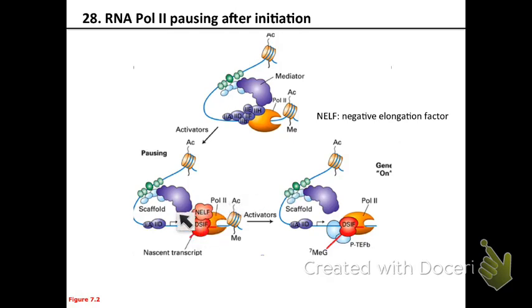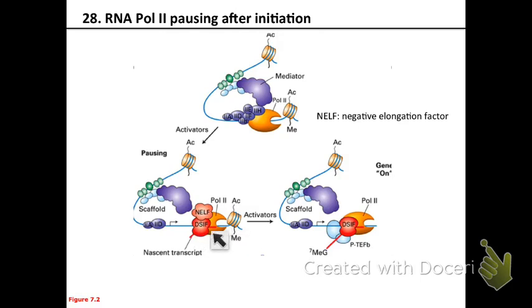What it does is that when the RNA polymerase is released from the promoter, so it's no longer associating with the initiation proteins, it goes in about 10 to 40 base pairs into the gene, and the NELF protein interacts with the RNA polymerase and some associating proteins, and it stops the polymerase. So you have a little bit of nascent transcript, a little bit of new RNA made, but you no longer continue.